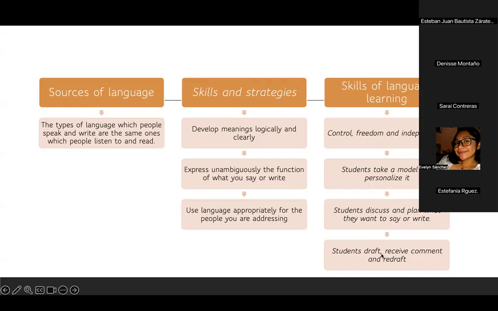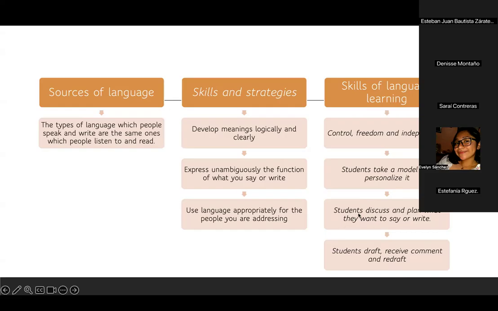Then probably the question is, how many drafts should I ask my students? Well, it depends on the scope of the course, the purpose, probably the time you have for providing feedback on a second draft, and so on. The other one, students discuss and plan what they want to say or write.